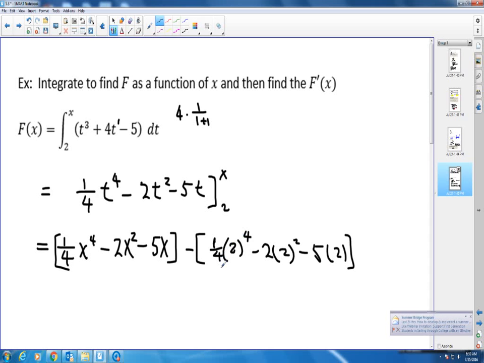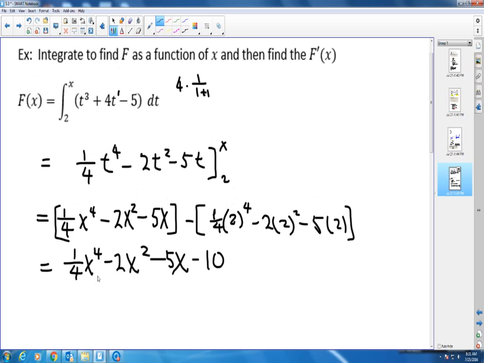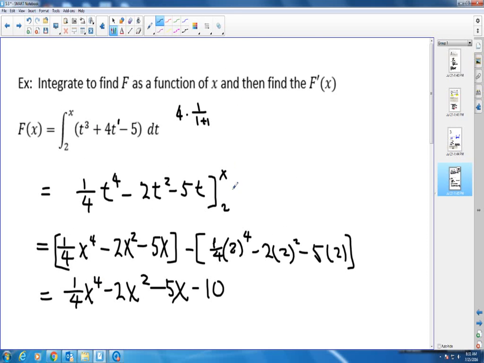So all these guys in the second bracket will actually become 10, so minus 10. That means this function is the antiderivative, which is capital F of x. So that's the first part of this problem.